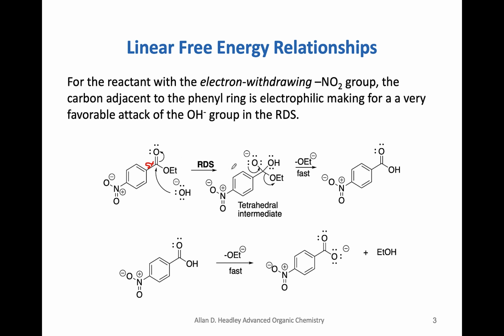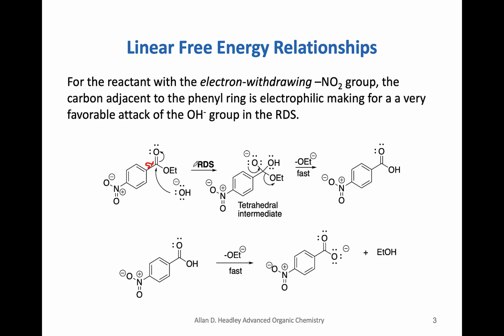So this step here is known as the rate determining step. As you will recall, it's the slowest step of a reaction mechanism. The other steps are fast. But this is the slowest step, the rate determining step. This step determines the overall rate of the reaction.